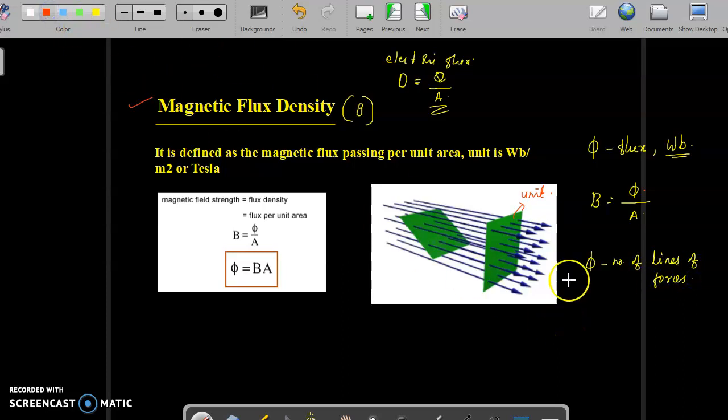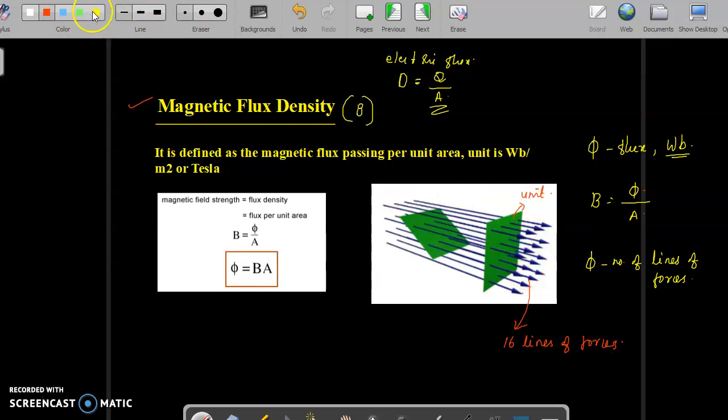If you count, there are 1, 2, 3, 4 and 1, 2, 3, 4, so 4 into 4, 16 lines of force, and its area is unit.